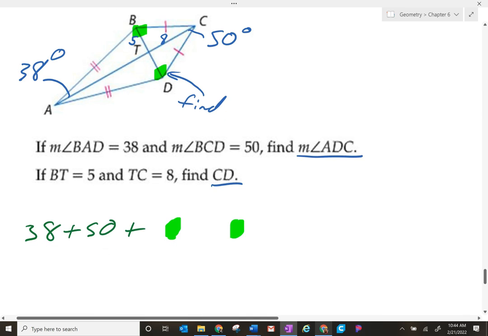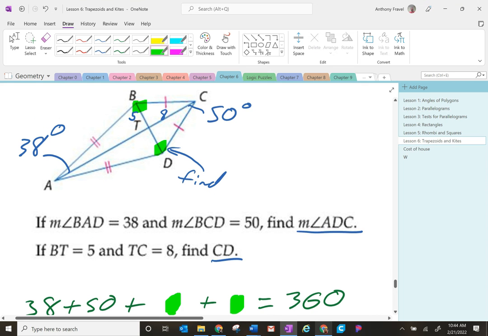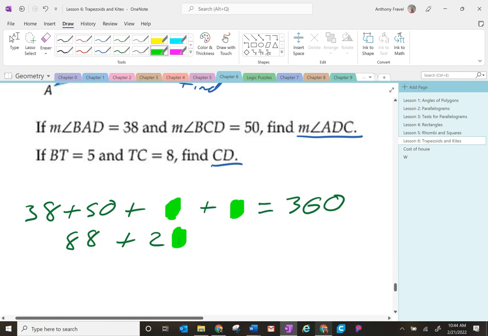I'm just giving it colors as opposed to a letter. All of that is going to equal 360 degrees. So this would be 88 plus 2 of the green angles equals 360.